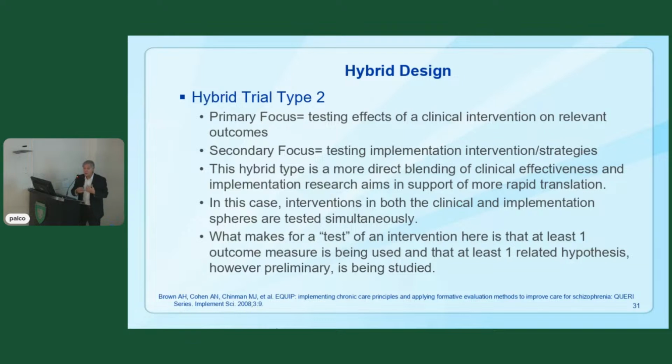I'm not really comparing different implementation strategies across 2 groups or 4 or 5 groups. Hybrid 2 focuses on testing the effect of a clinical intervention on relevant outcomes. Still an effectiveness or efficacy trial, that's the main focus. But you test the implementation intervention strategy.